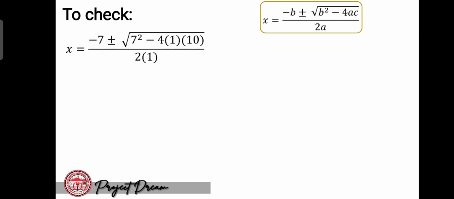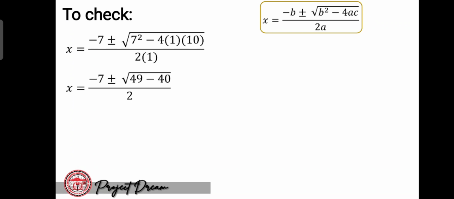So here it is. It becomes x is equal to negative 7, either positive or negative, square root of 7 squared minus 4 times 1 times 10 all over 2 times 1.